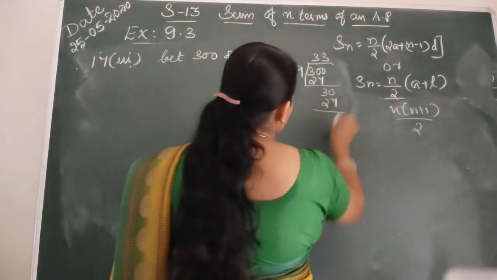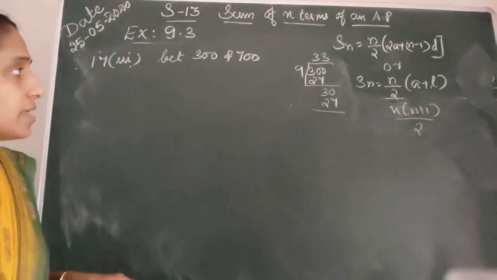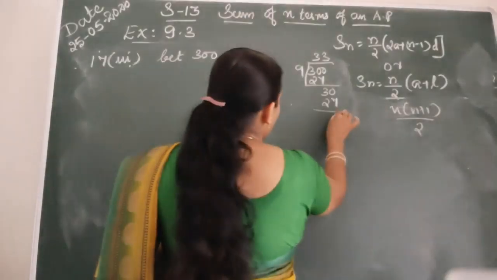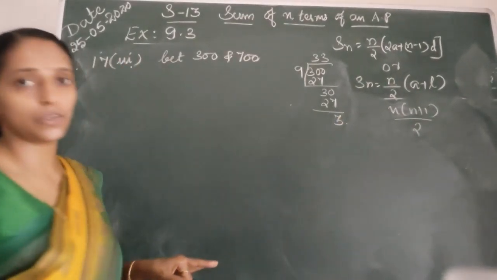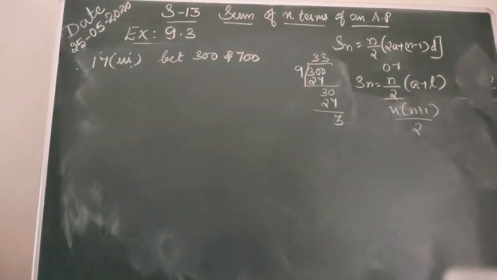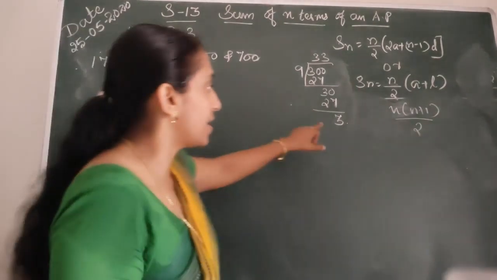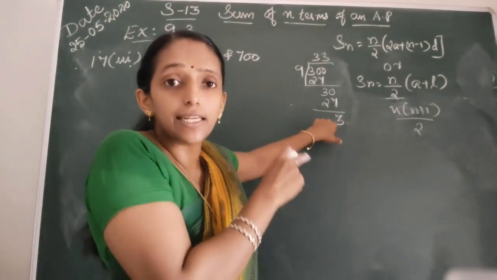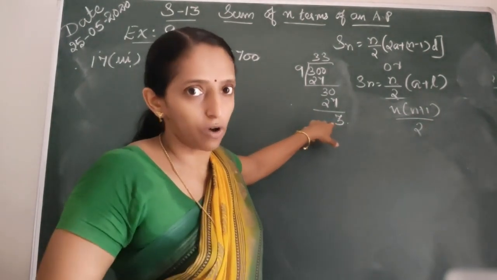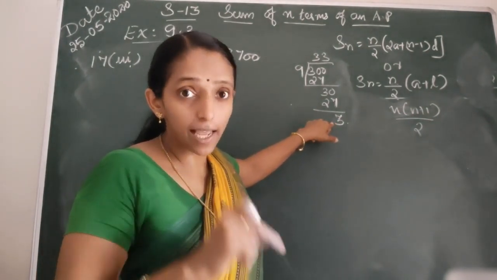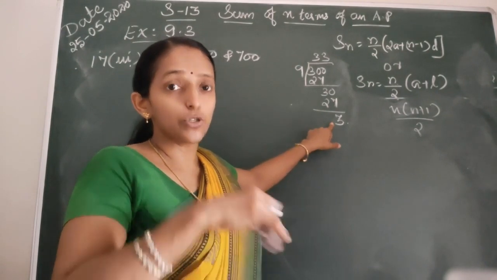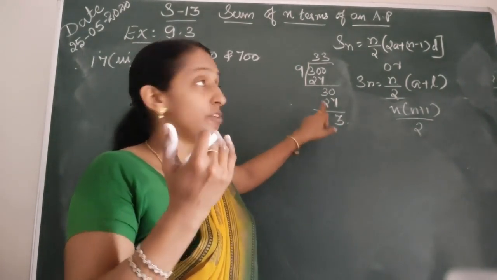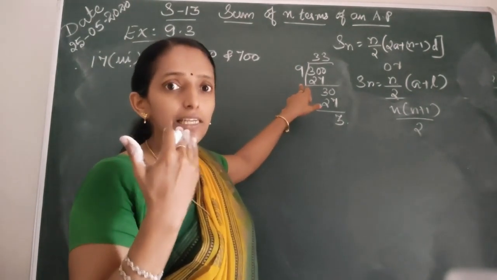If you are dividing 300 by 9, you are getting a remainder 3. That means 3 we are having, and to get 9 we need 6 more. So to get a multiple of 9 we need 6 more.